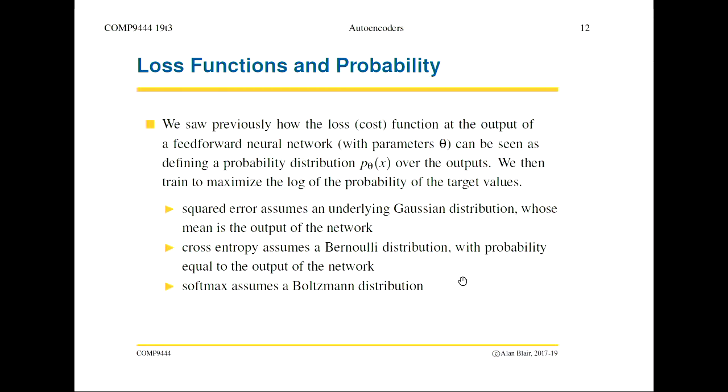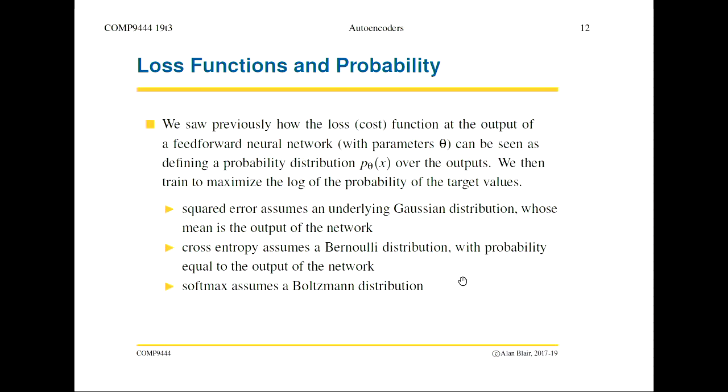So for these autoencoders, if we change the parameters theta in the network, then it can be seen as like changing the probability distribution over the outputs.